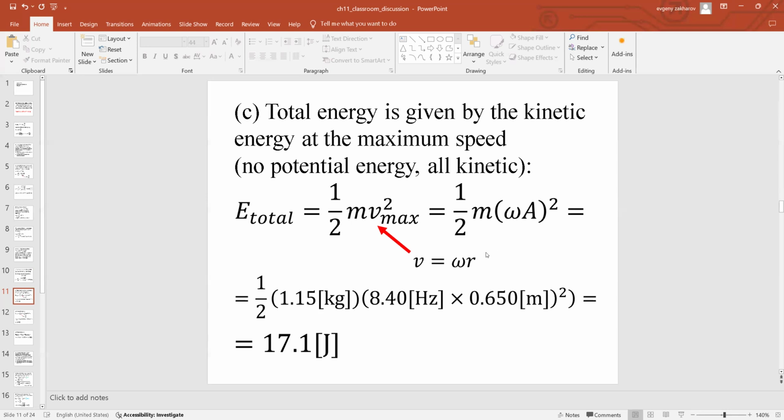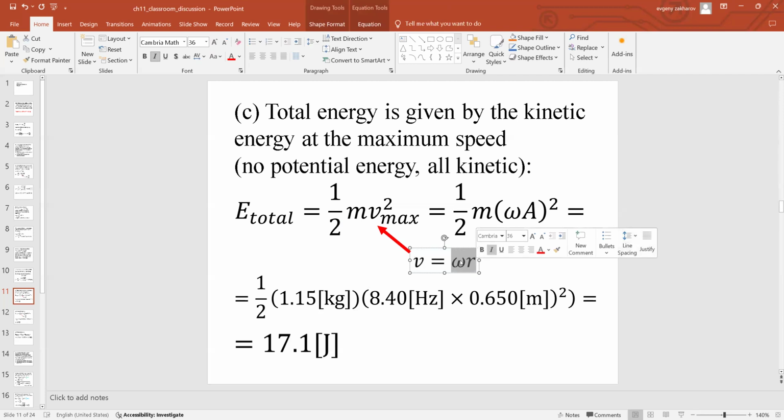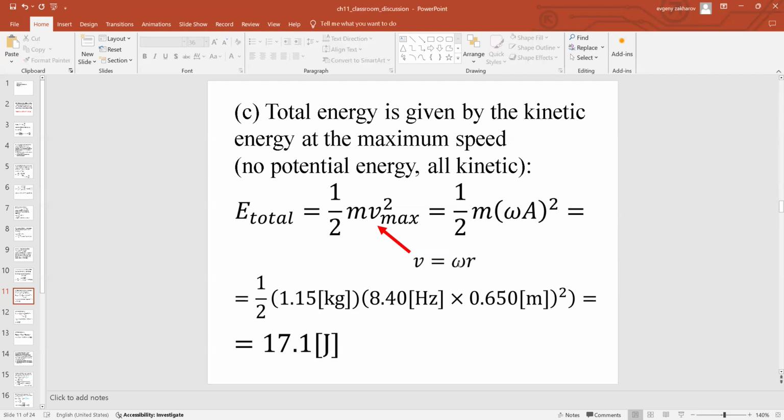All your potential energy becomes total, and you can refer to K or the amplitude from that value. This time we're going to use 1/2 mv squared because you can substitute v, the linear velocity, with omega. Omega was your angular velocity, now it's angular frequency.